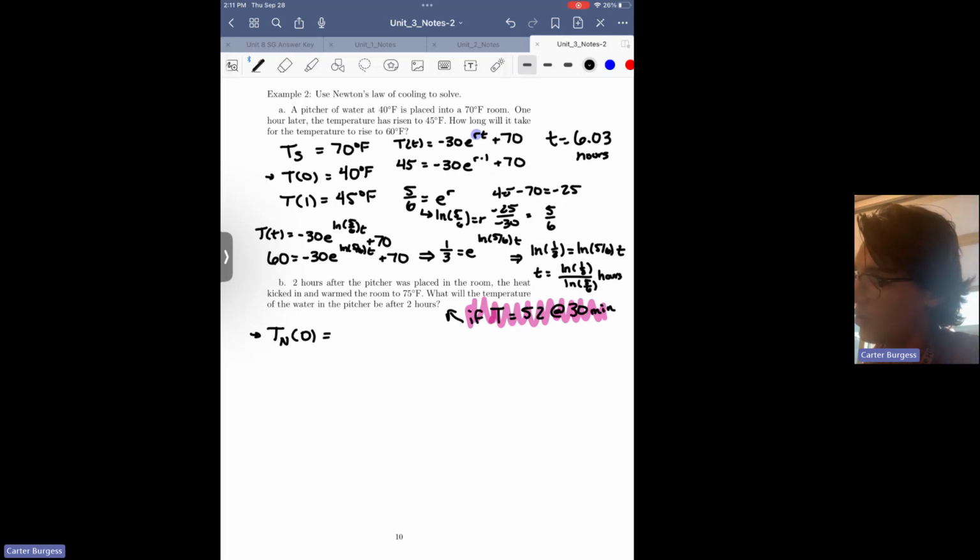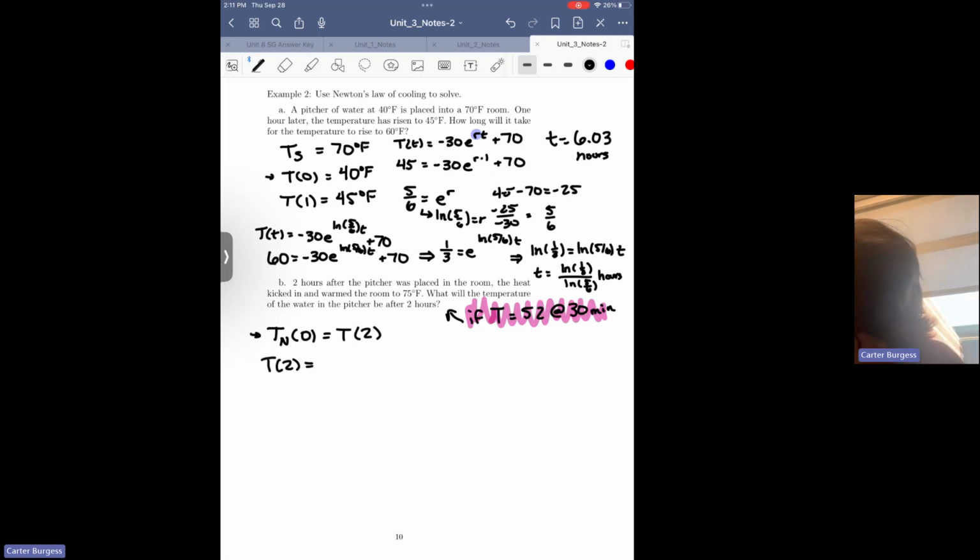Well, it was using our old equation, that old T, for how long? 2 hours. So that was T of 2. Okay, well, that's not too bad. T of 2 is just going to be negative 30 e to the ln of 5/6 times 2 plus 70.